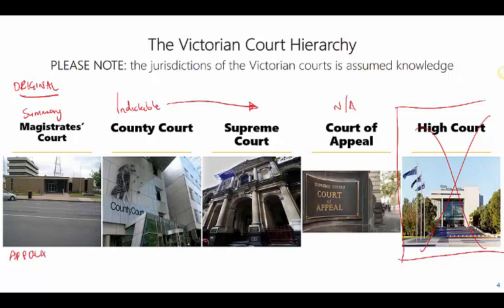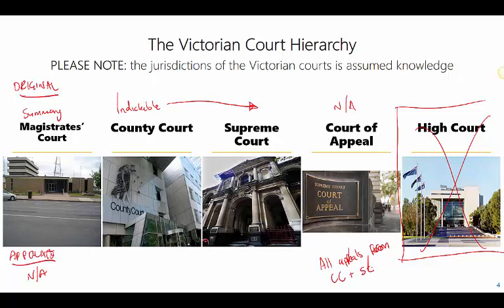If we wanted to then quickly look at the appellate jurisdictions, pretty simple, almost the opposite. No appellate jurisdiction in the Magistrates Court. It is the lowest court, therefore it hears no appeals. And up the top here we have the Court of Appeal, which hears all appeals from the County Court and the Supreme Court.